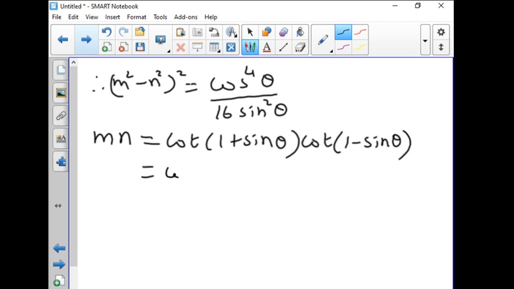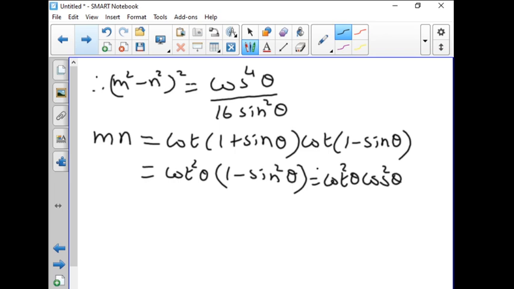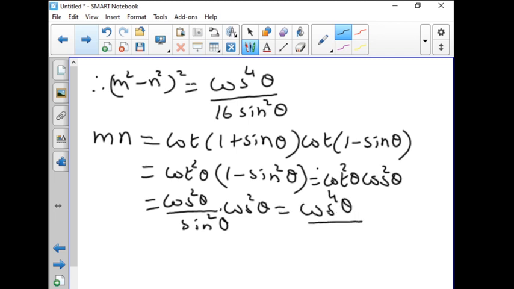So it is cot square theta into (1 minus sine square theta), because (a plus b) into (a minus b) is a square minus b square. So it is cot square theta into cos square theta, which is cos square theta by sine square theta into cos square theta, equal to cos power 4 theta by sine square theta.